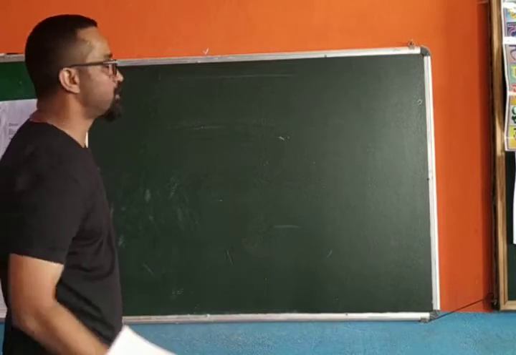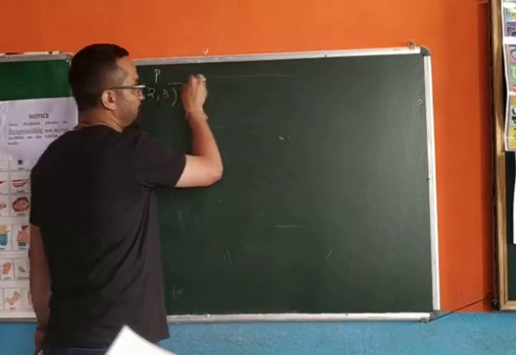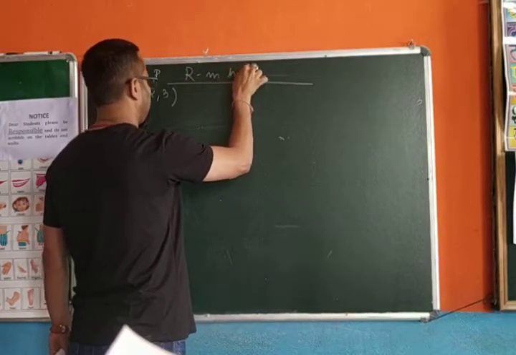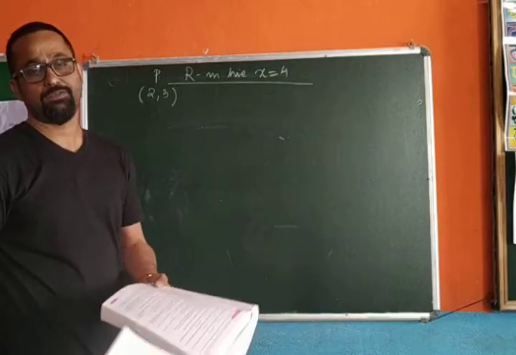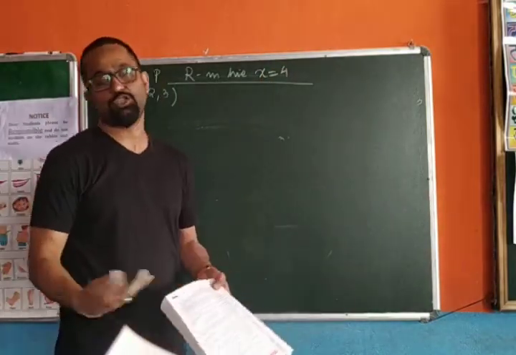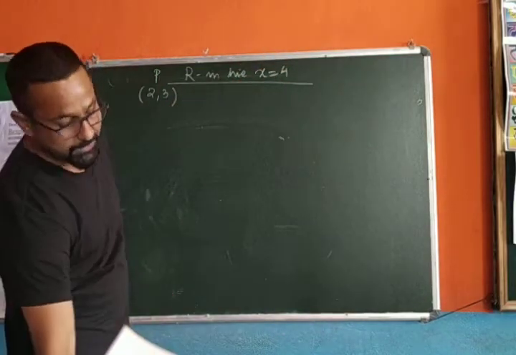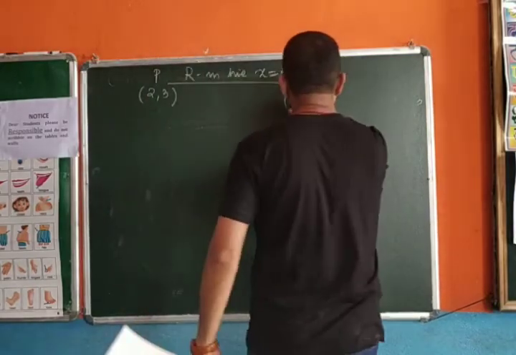So look at the third calculation. P 2, 3 reflects in the line x equal to 4. It's already given. Parallel to the y-axis, so you don't have to bother about that. You look at this value. P triple dash: use the formula.